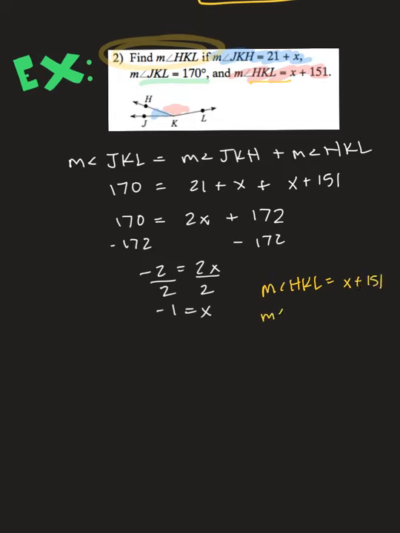Then we just plug in the X that we found, which is -1. Now the measure of angle HKL is -1 plus 151, which is 150 degrees. So there is our answer.